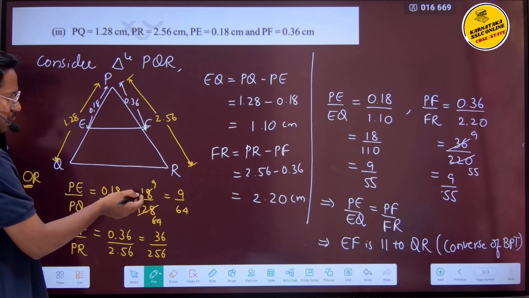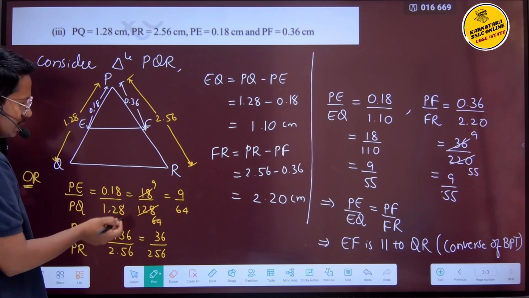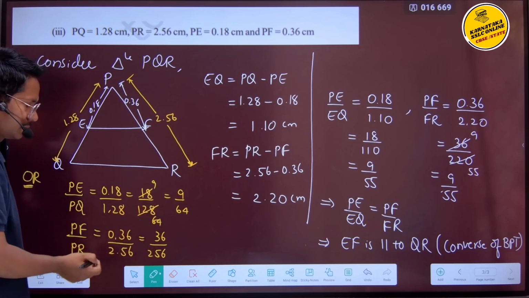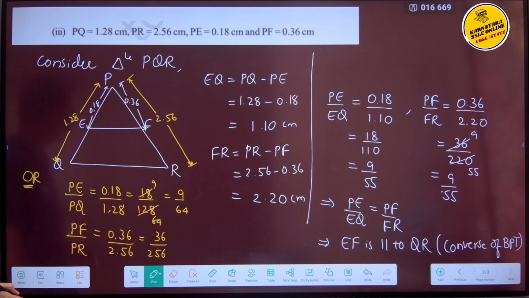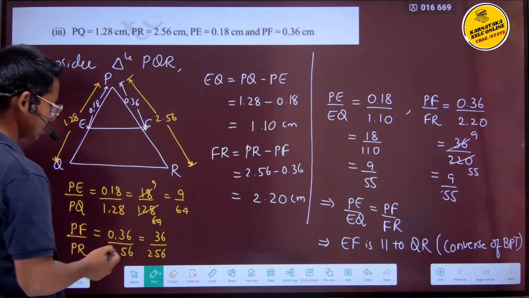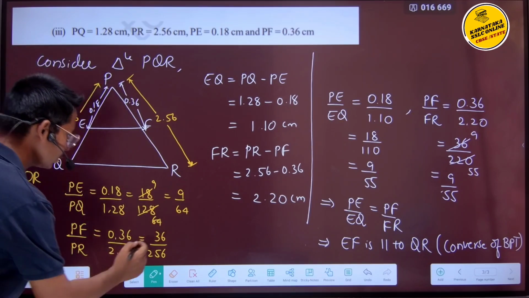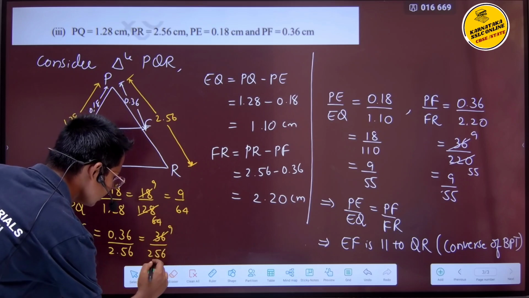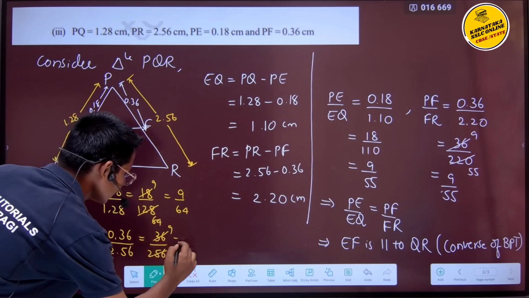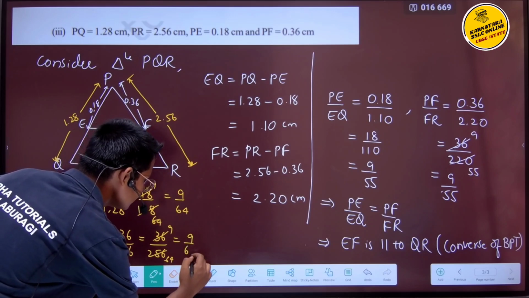See here, if you see the first result, 18 twos are 36, 128 into 2 is 256. It means the ratio will be the same. Just by seeing these ratios you can get the answer. I'll go with 4: 4 nines are 36 and 4 sixty-fours are 256. Again you will get 9 by 64.